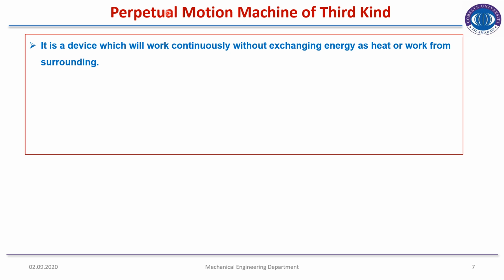As the low thermal energy reservoir and high thermal energy reservoir were removed, they were producing work continuously without exchanging energy as heat or work from surrounding. This machine is internally reversible as well as externally reversible.